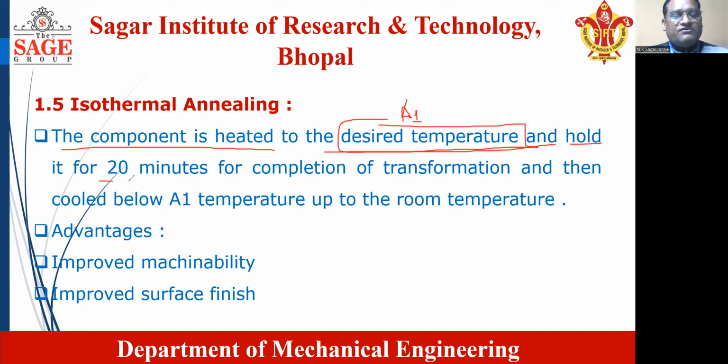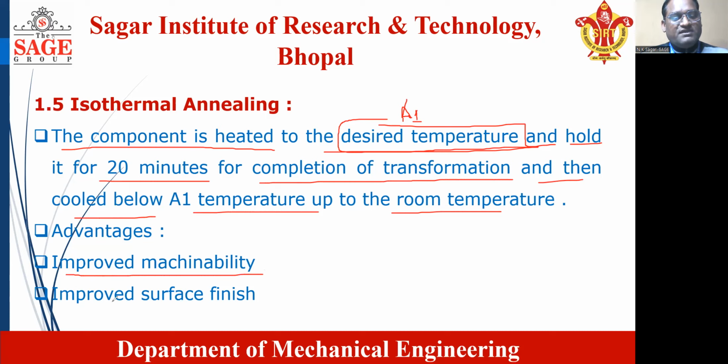And hold it for 20 minutes for completion of transformation, and then it is cooled below A1 temperature up to the room temperature. What are the advantages of the isothermal annealing process? Machinability was found improved, and surface finish was found improved. These are the advantages of the isothermal annealing process.